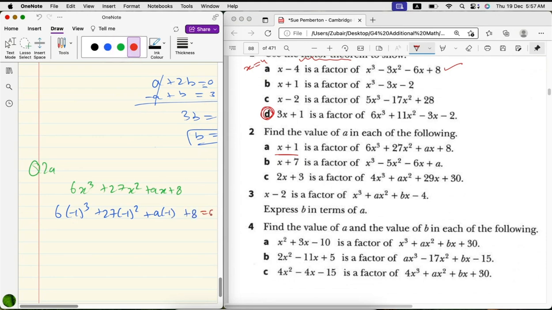If it is a factor, it should be equal to 0. Minus 6 plus 27 plus 8 is equals to a. So 27 plus 8 minus 6 is 29. A is equal to 29.